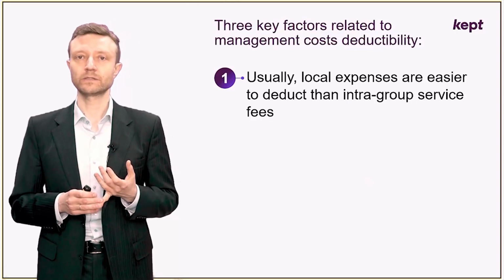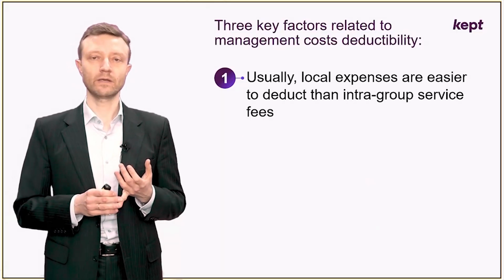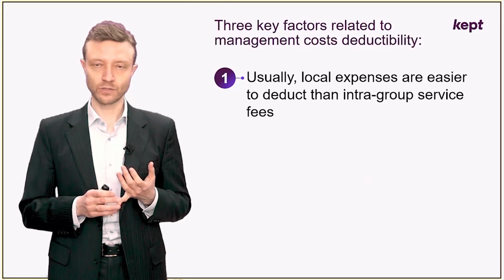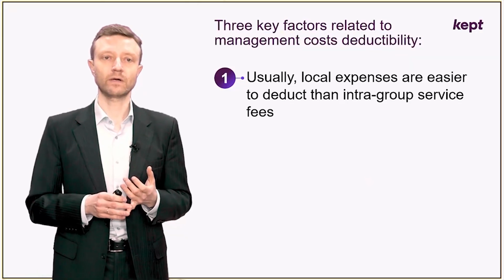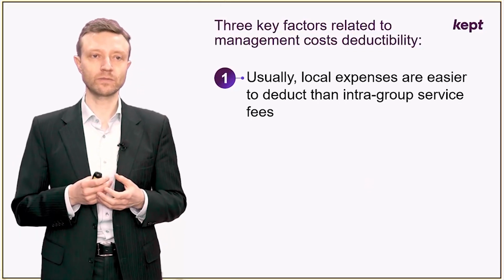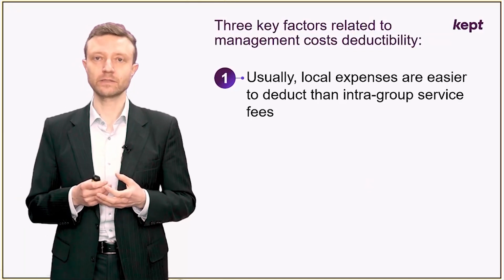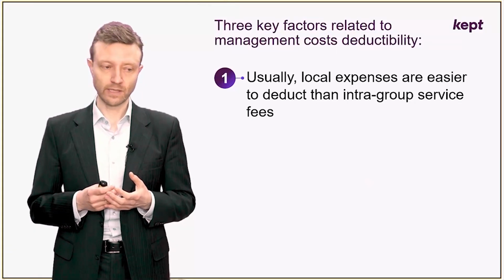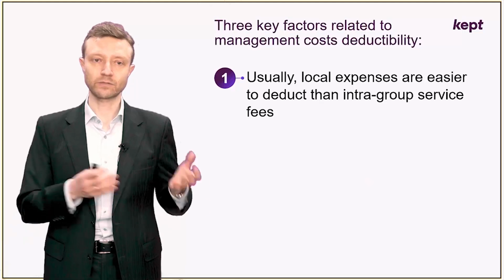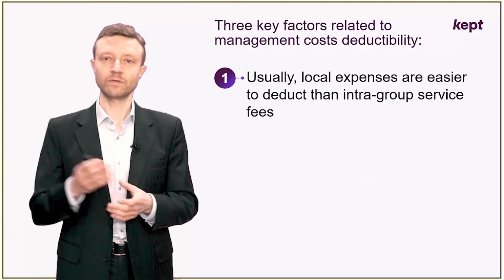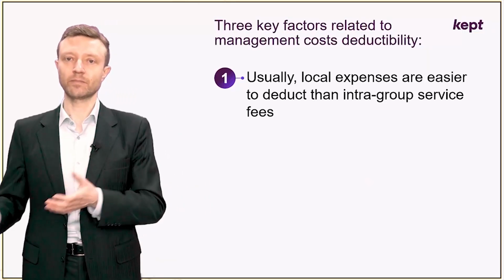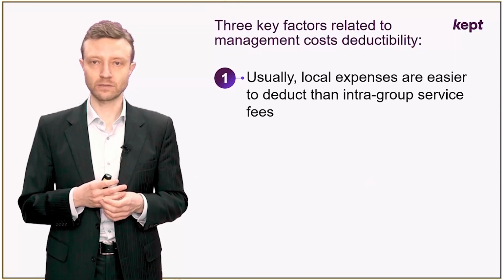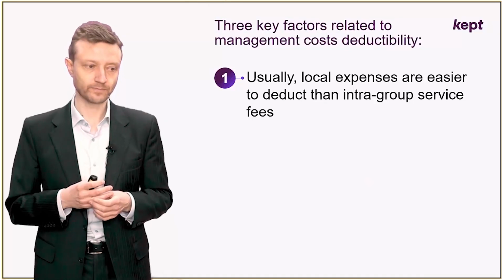First of all, it's usually easier to deduct local expenses compared to inter-group service fees. So, for example, if it is possible to employ management by the operating companies, it's usually much easier to deduct their salary when compared to management fees that are charged by the management company that employs the management and has to compensate the costs of employment.